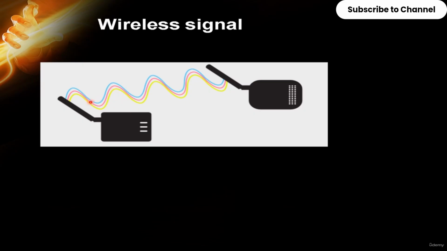Wireless signals are electromagnetic waves traveling through the air, generated by electric energy traveling through a piece of metal, for example a wire or an antenna. In this diagram, an antenna is used to transfer the wireless signal from source to destination. It depends on the strength of the energy of the signal being transferred.